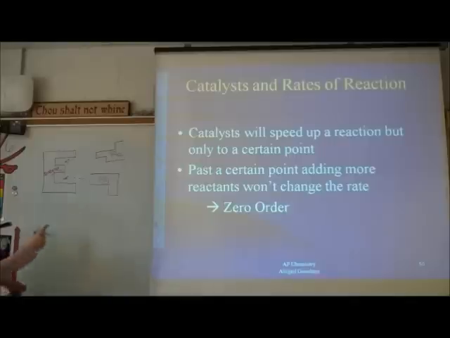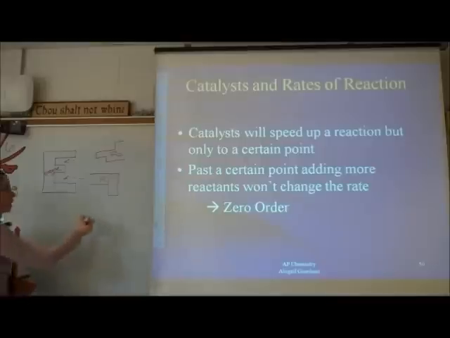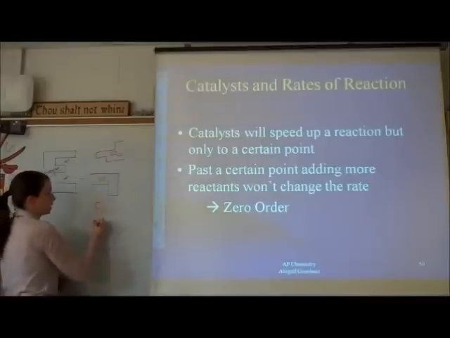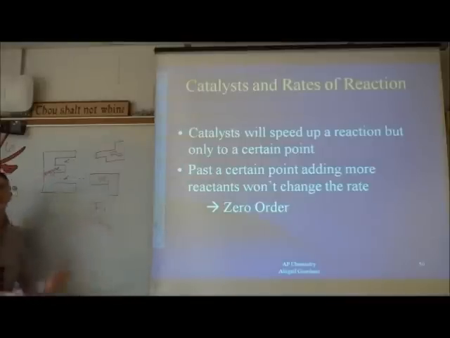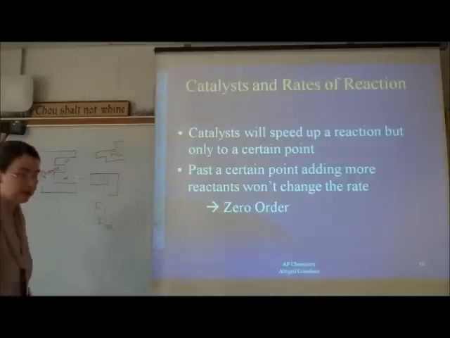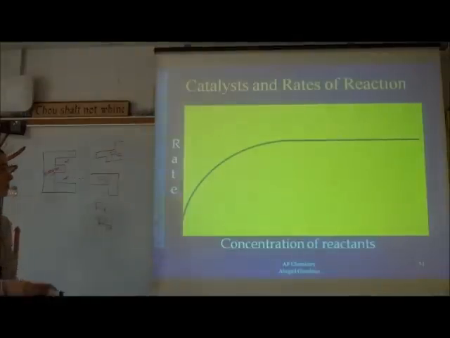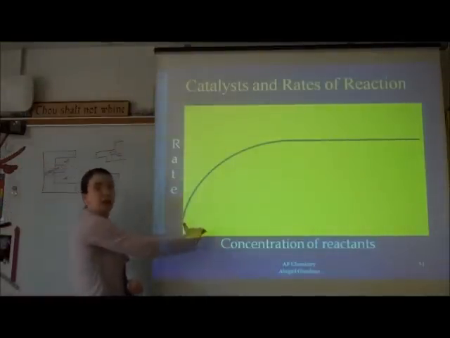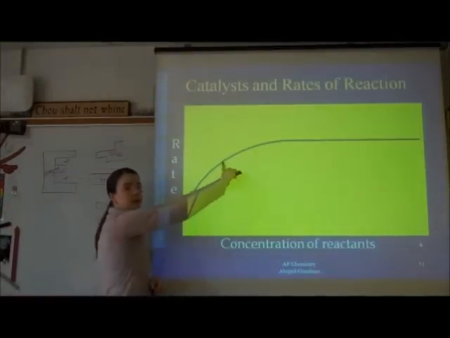Okay? If your enzymes are all filled up, they're all occupied, you can add as much reactant as you want. Add reactants until the cows come home. You're not going to make the reaction go any faster. And this is what you see. For a little while, ladies in the back, listen.